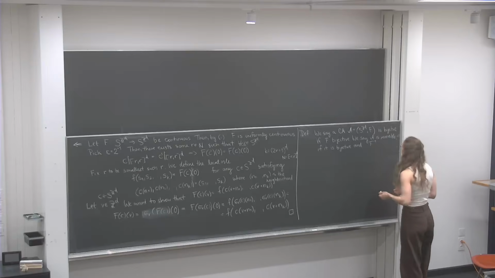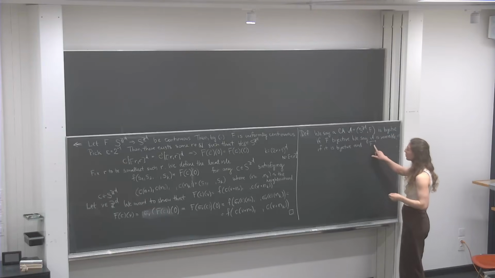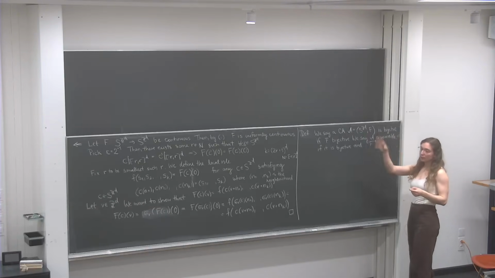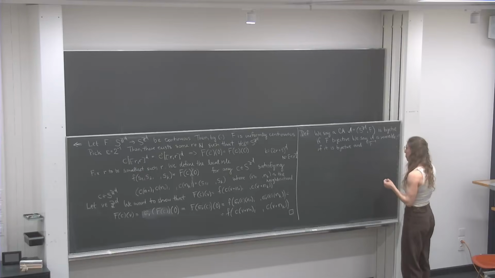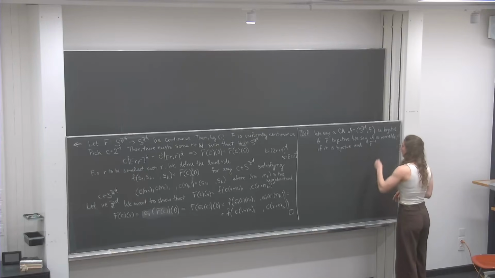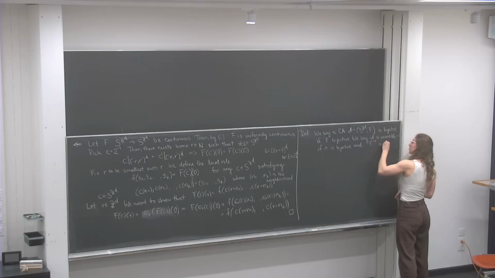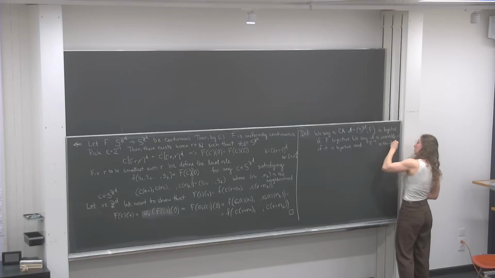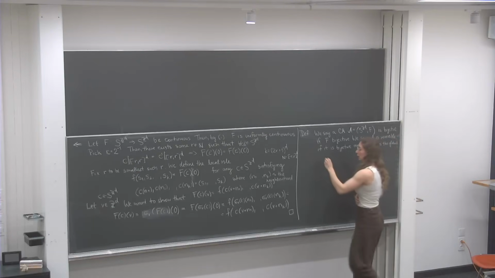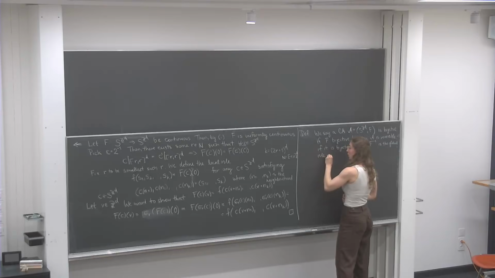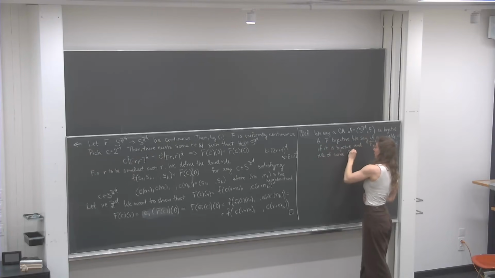So we just want to be able to simulate both the forward and the backward dynamics by a CA. That is, the inverse is the global rule of some CA.